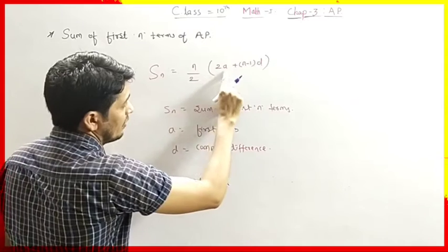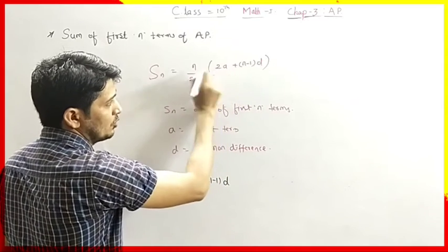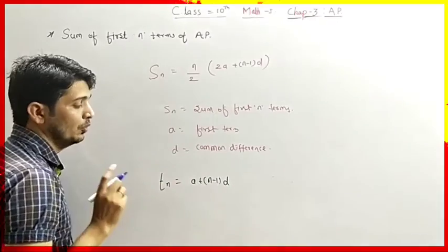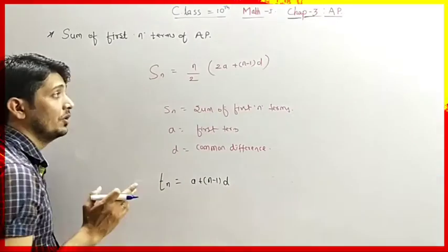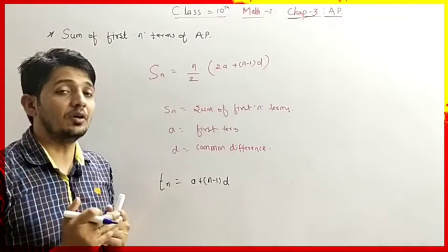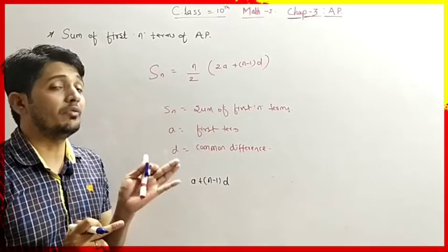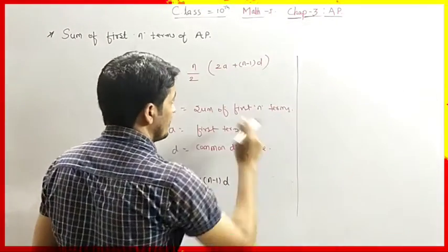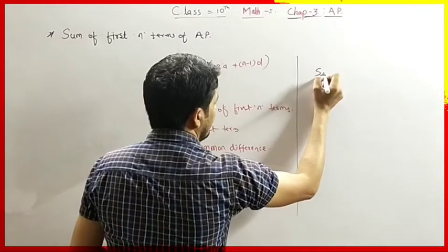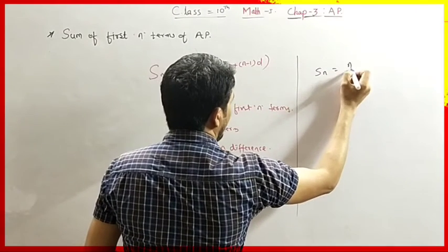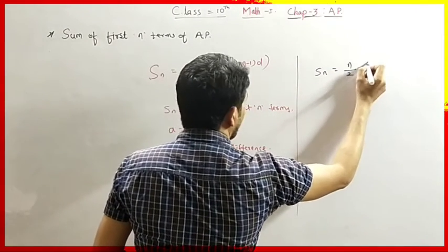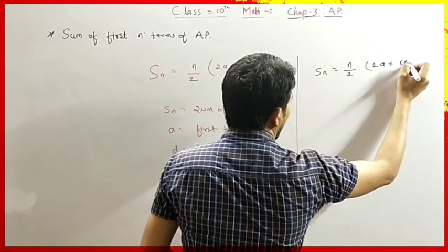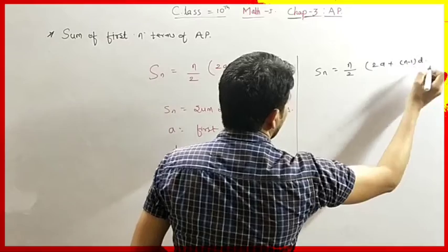If we have to find the sum of first n terms, we derive one more formula. The formula we have is Sn equals n divided by 2 into twice a plus n minus 1 into d.